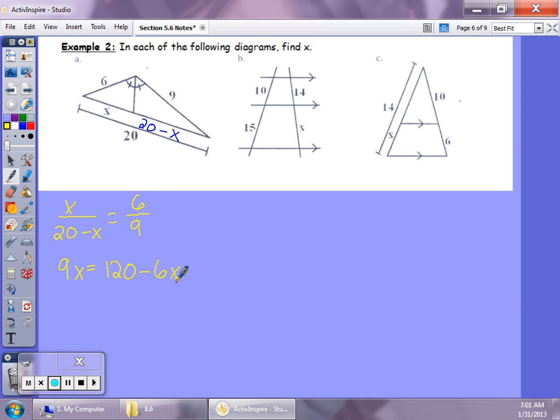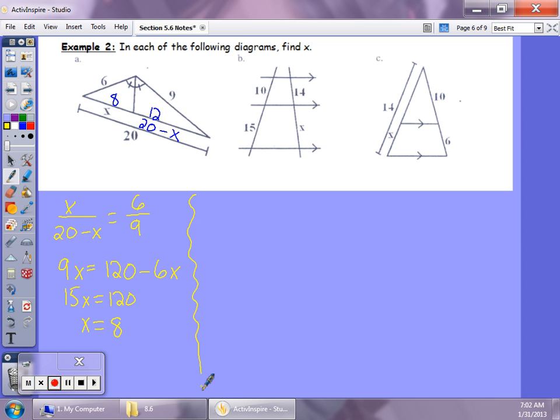If we move that negative 6x to the left-hand side, we're going to get 15x equals 120. And when you divide by 15, you're going to get a value of 8 for x. So now we know that x equals 8. And if you wanted to find the right-hand side, we can take 20 minus 8, and this side is going to equal 12.